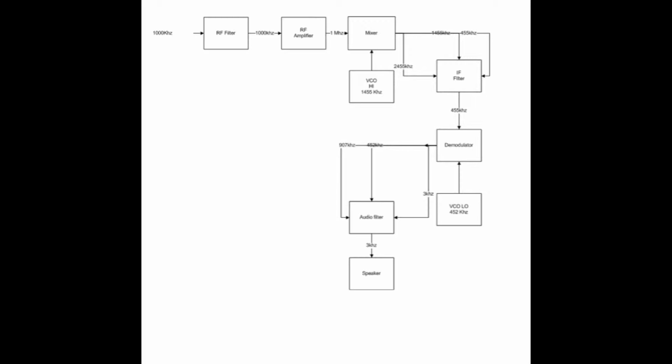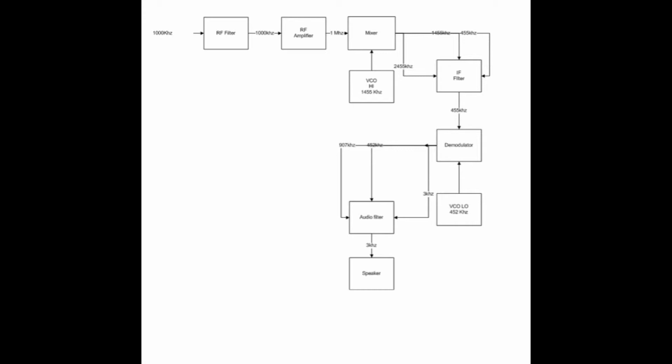As you can see, the mixer will produce frequencies of 2455 kilohertz, 1455 kilohertz, and 455 kilohertz. After this, we feed these frequencies to an IF filter, so that only the 455 kilohertz will remain.